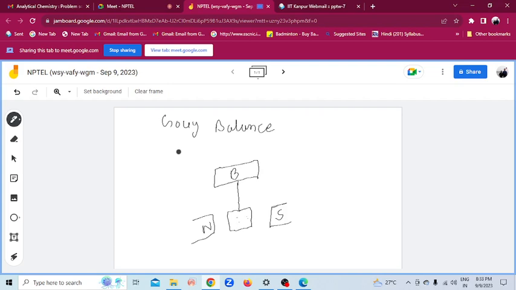So suppose it is paramagnetic, then what will happen, this magnet will try to attract this sample.